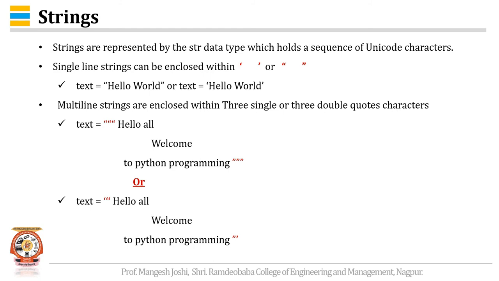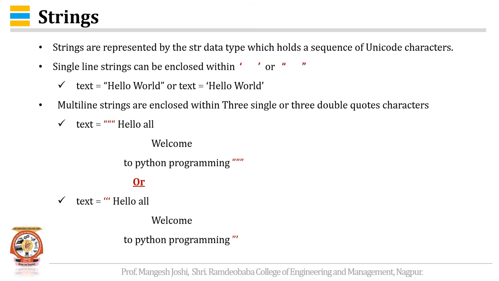Now, a very, very important part is strings. Strings are represented by the str data type, which holds a sequence of Unicode characters. Single-line strings can be enclosed within single quotes or double quotes.